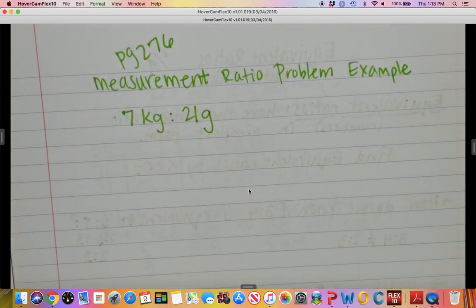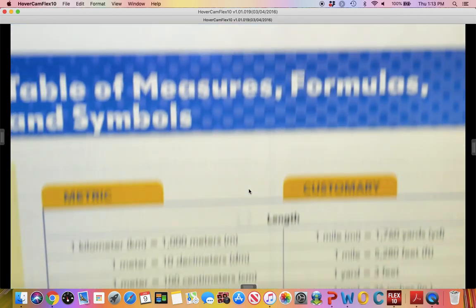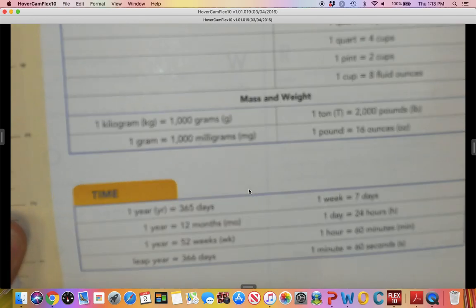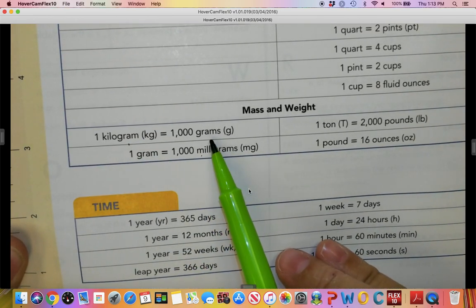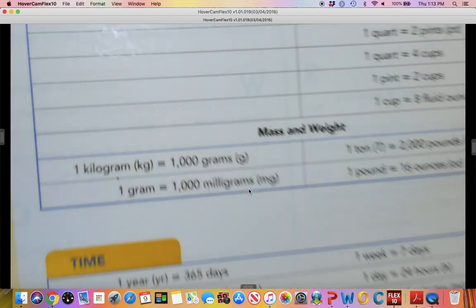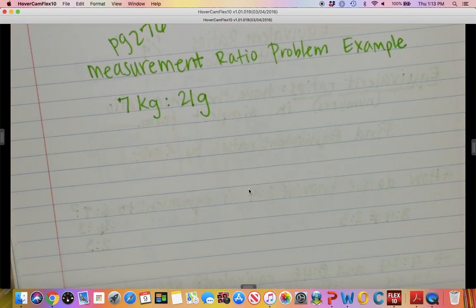So using my handy dandy page 276, I look down here and it tells me 1 kilogram is in every 1,000 grams.